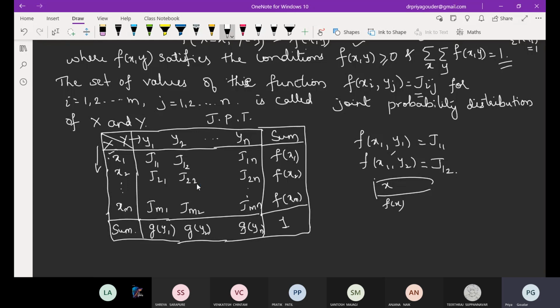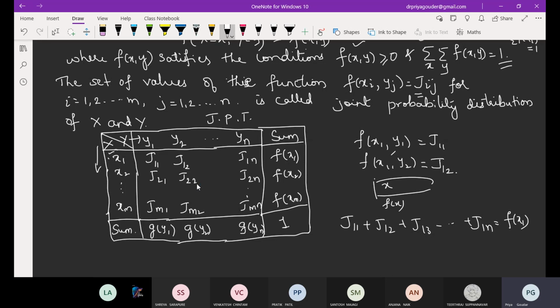Now some observation you can see. If you add these values, J11 plus J12, so on till J1n, this is denoted as f of x1. Just see in all these values what is same and what is changing.